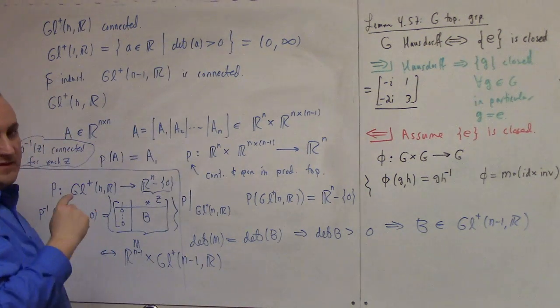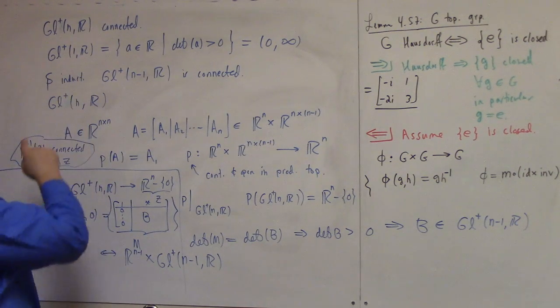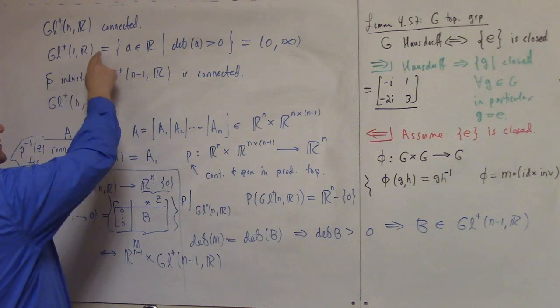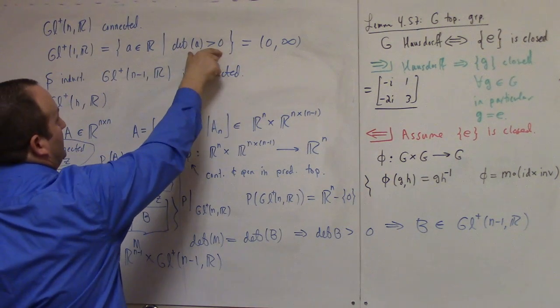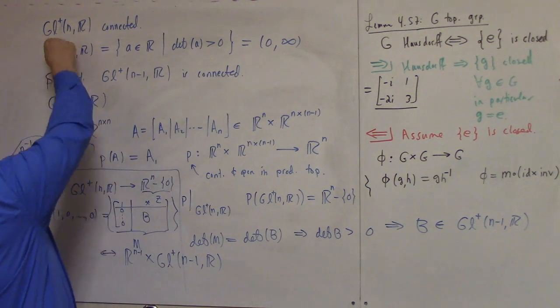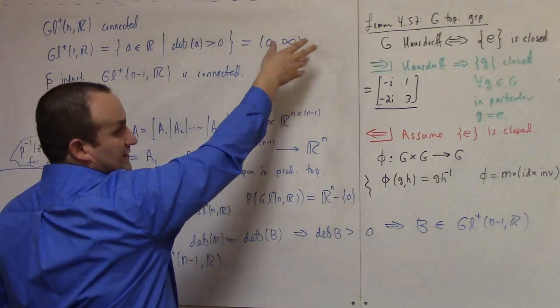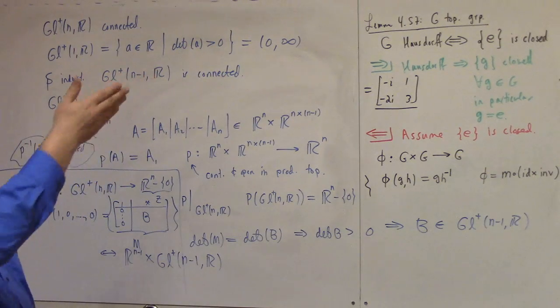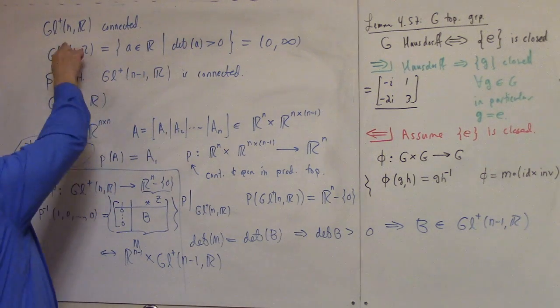In the one-dimensional complex case, this is GL1C. If I were to erase the plus, then I would have a disconnected thing: minus infinity to 0 and 0 to infinity. It wouldn't be connected.